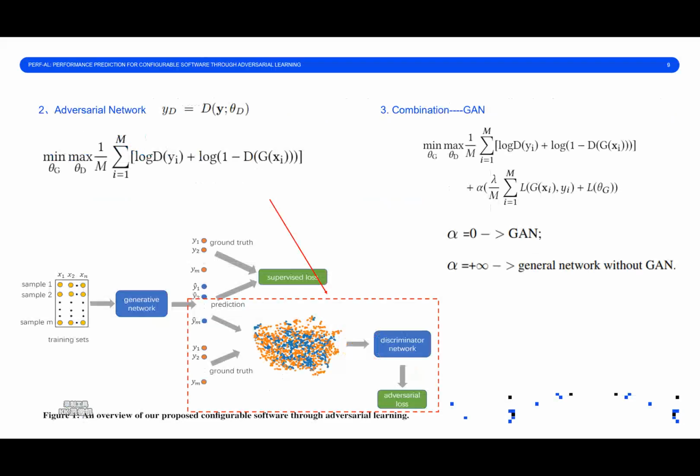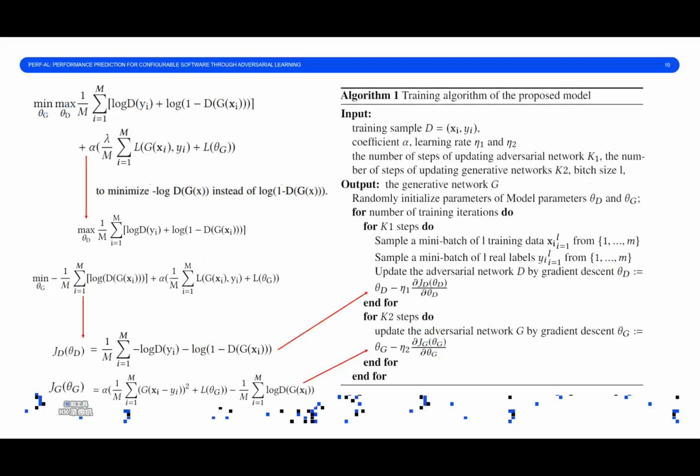Next I will introduce the adversarial learning. In the adversarial learning, we want to find which is the real performance and which is the fake performance. Then I combine the adversarial network and the generator network together. We use alpha, a parameter that controls whether this model is a GAN or not. If alpha equals 0, this is a GAN model. If alpha is very big, this means it is a general network without GAN.